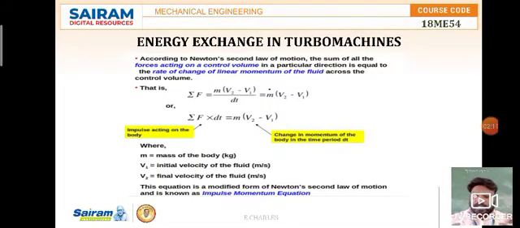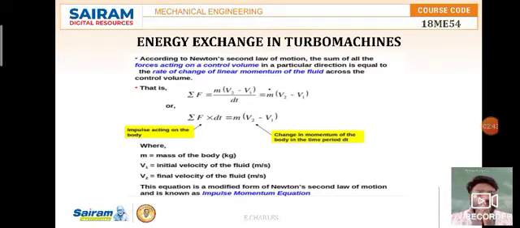Suppose there is a system, and many forces are acting in and around the system, in a particular direction. That is equal to the rate of change of linear momentum of the fluid across the controlled volume.